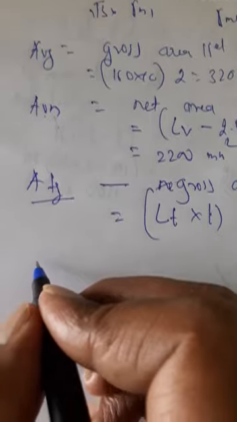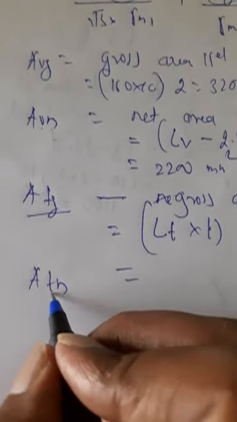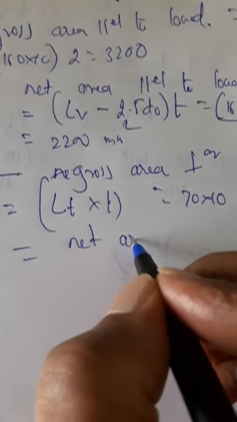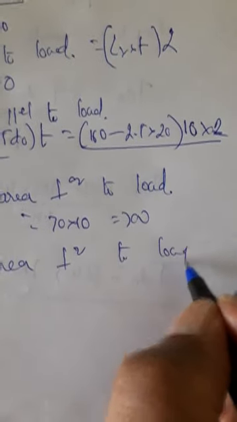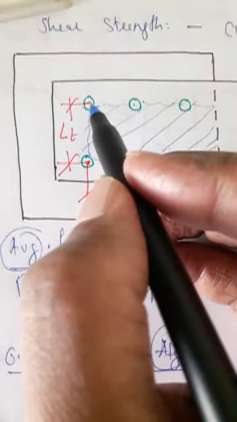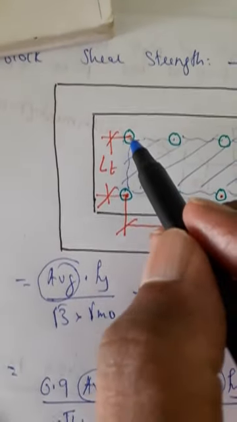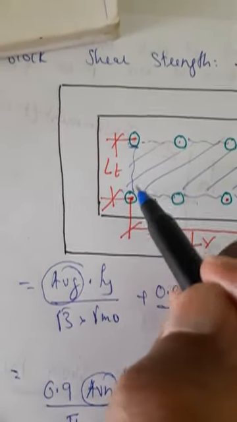Next, ATN. T is tension, N is net. So net area perpendicular to load. From here to here, net area. Bolt center to bolt center is LT. I want from this point to this point.